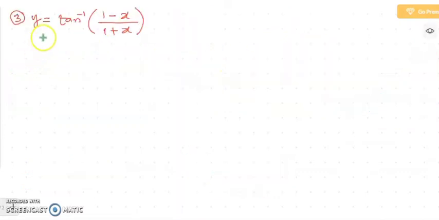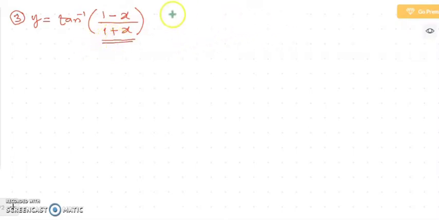Now consider this example. y is equal to tan inverse of (1 minus x) upon (1 plus x). We have to differentiate it with respect to x. But like I said, it is an inverse trigonometric function with the bracket containing a non-trigonometric expression. So here you have to use some trigonometric substitution, and that is decided by some formula.